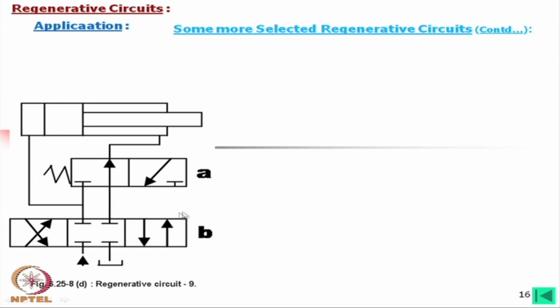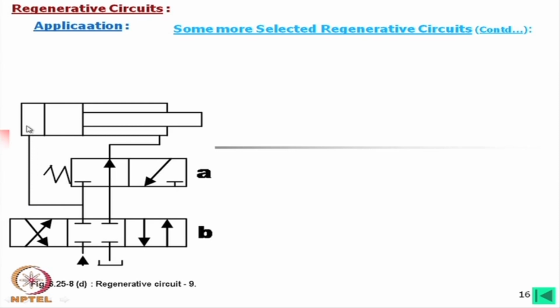So, what will happen if this is in neutral position and this is connected, then there is no operation, because oil is going back to the tank, no operations, but definite, not unpredictable, right. Now, if it is connected on the right hand side, then this path is connected and this path is connected. Now, what will happen?